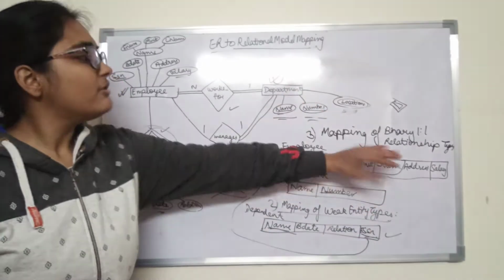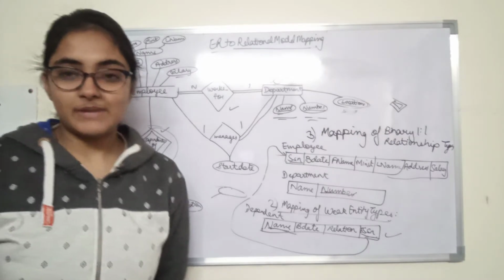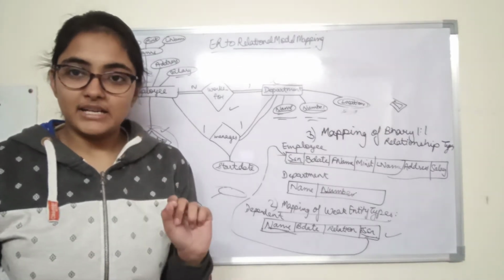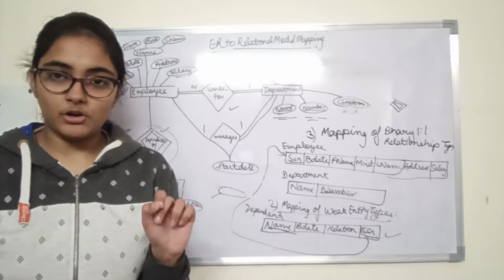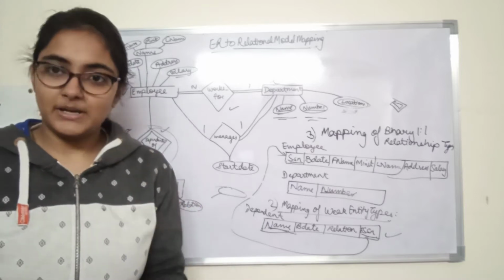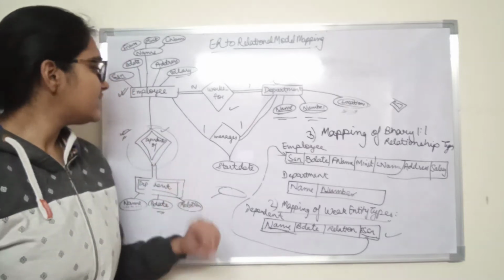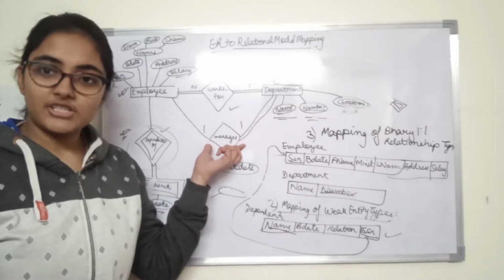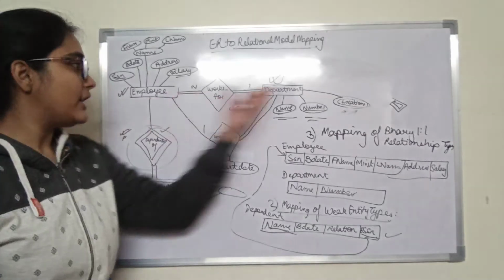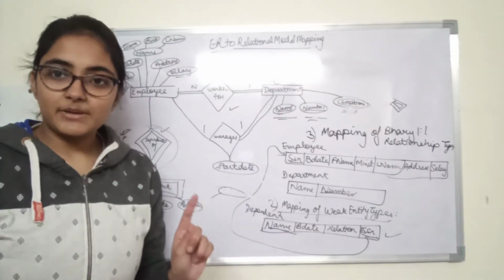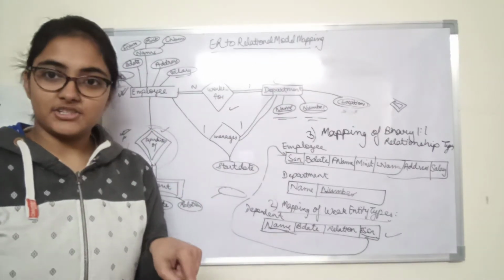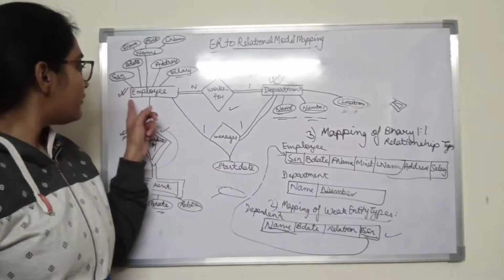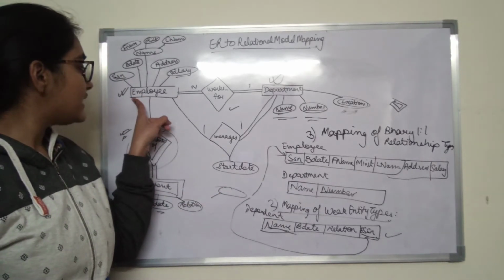So how do we map a binary 1:1 relationship type? Firstly, we need to identify the relations in the relational model that correspond to the participating entity types. If we have this relationship type manages, which entity types are participating in it? Employee and department. So the first step is to identify the corresponding relations in the relational model. How was the employee entity type represented?